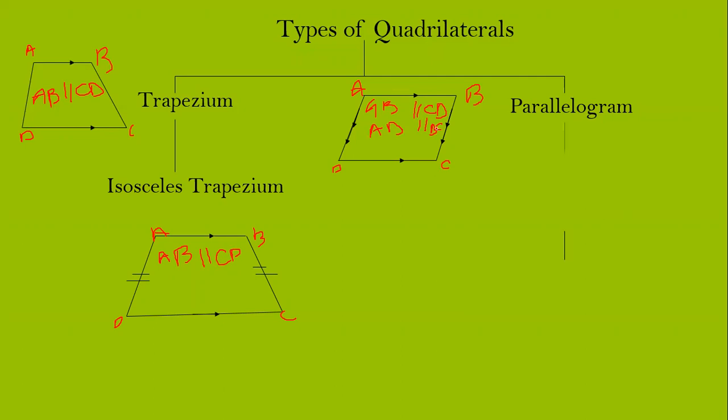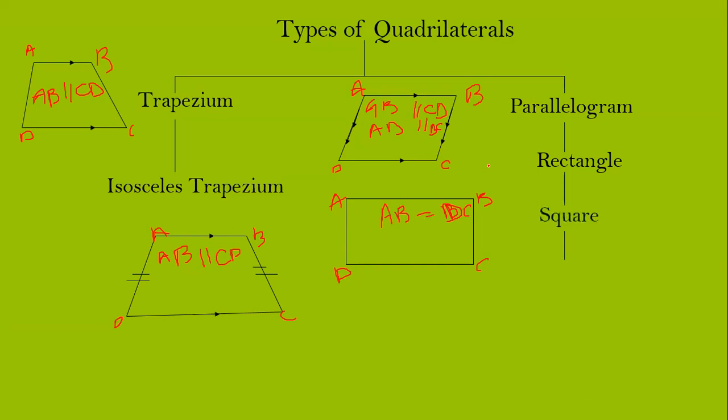There are also some special types of parallelograms. What are those? Rectangle, where the opposite sides are equal. That means AB is equal to DC.